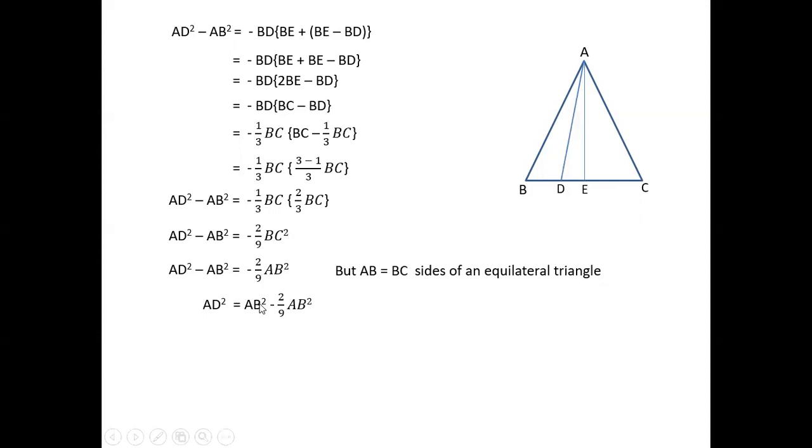Taking the LCM, it is (9 minus 2) upon 9 AB square, which is 7 upon 9 AB square. So 9 AD square is equal to 7 AB square. That is what we had to prove.